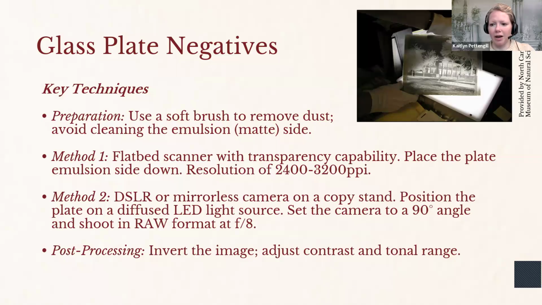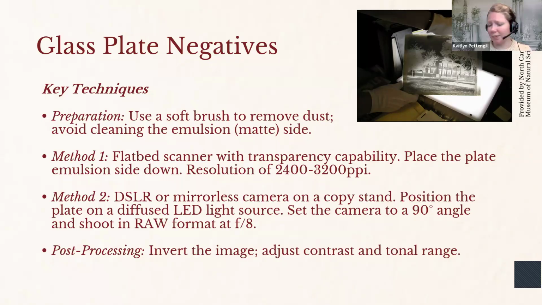So the image-bearing emulsion layer is vulnerable to abrasion. You need to be very careful. You can very carefully remove dust from the glass side, but cleaning the emulsion side needs to be avoided unless you're a trained conservator like Ivey. So you can use either a flatbed scanner that's capable of scanning transparencies.